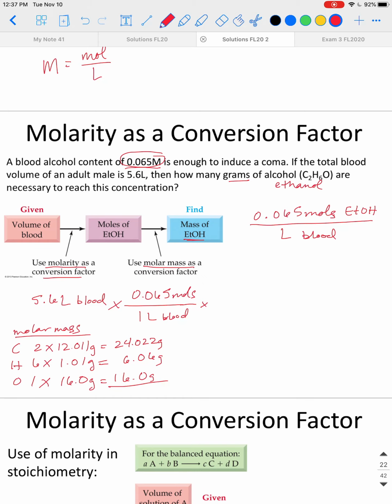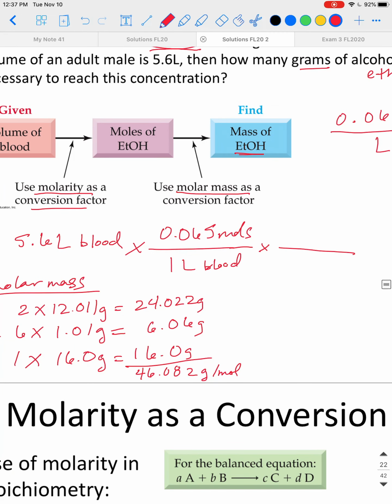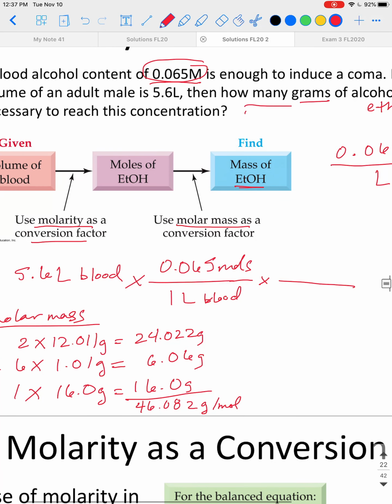Then we add all of that up, and we should have 46.082 grams per 1 mole of alcohol or ethanol. Did I do that right? Double check. All right, I think that's good.